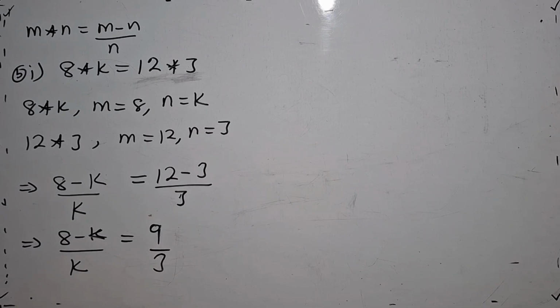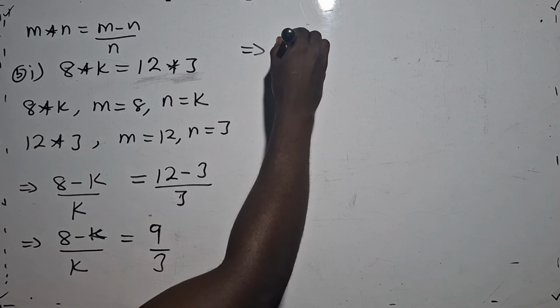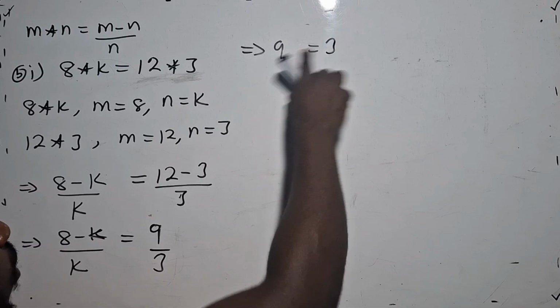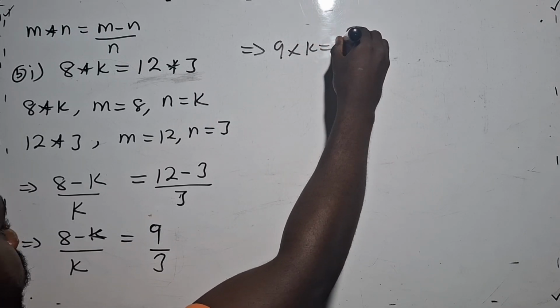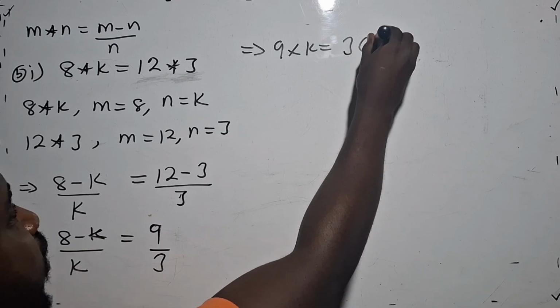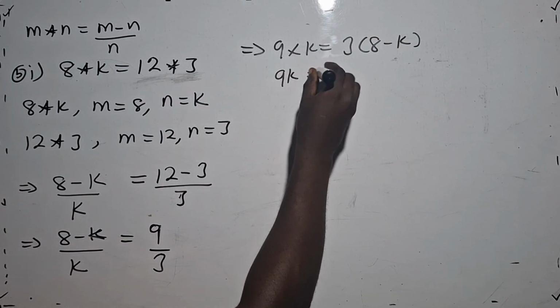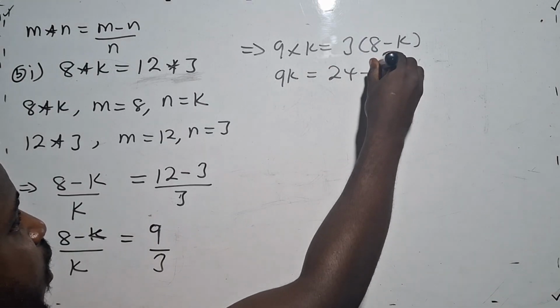So cross multiply, 9 will multiply K, which will give me 9K. Then times 3, let me even write it step by step. 9 times K, then I'll have 3 times 8 minus K. So this will give me 9K is equal to 3 times 8, 24, then minus 3K.